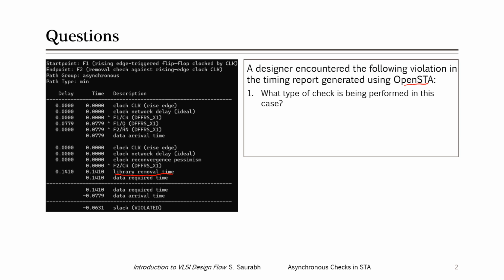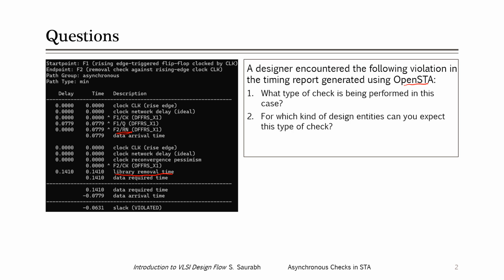So the constraint that is being checked is library removal time, and the check is happening not at the D pin of the flip-flop but some other pin, F2/RN pin.